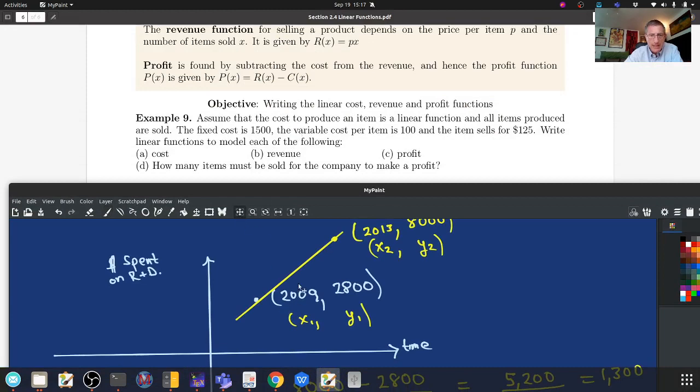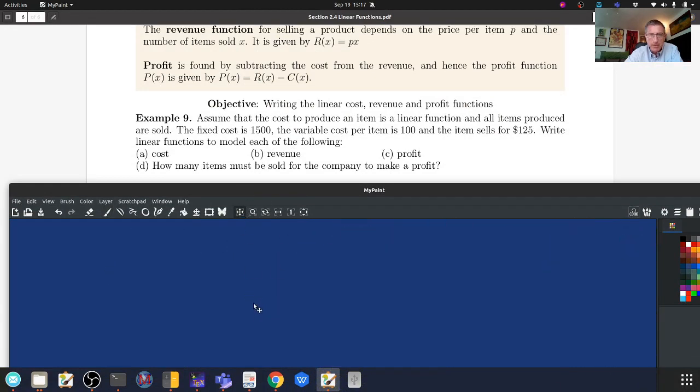This is the last page, so it won't scroll up anymore. So let's read the problem. Assume that the cost to produce an item is a linear function and all items produced are sold. The fixed cost, what is my fixed cost? We need our function up here. The fixed cost is b. So what I need to find out are the specifics for my function.